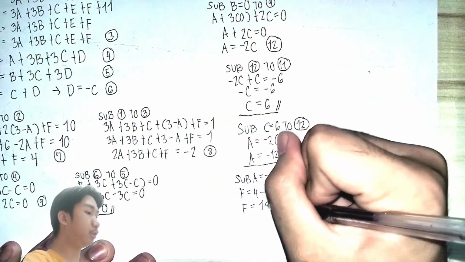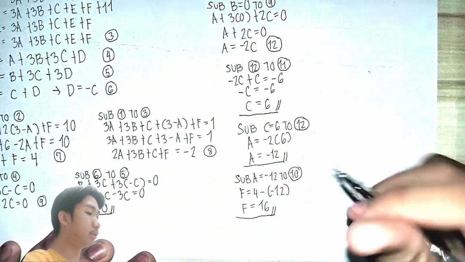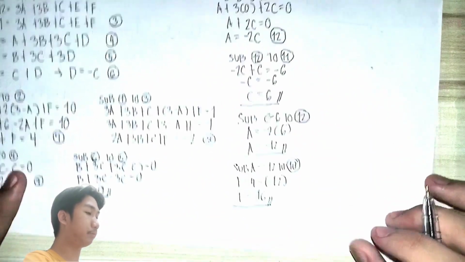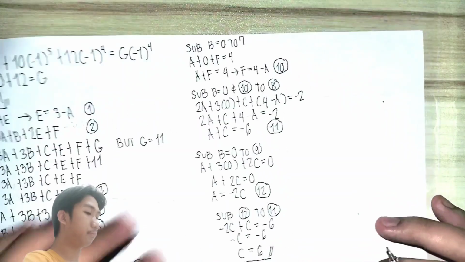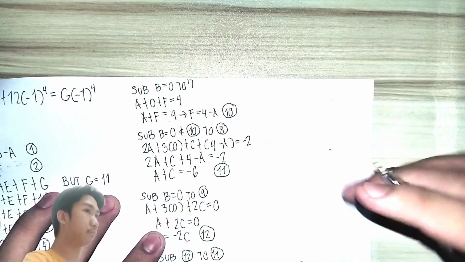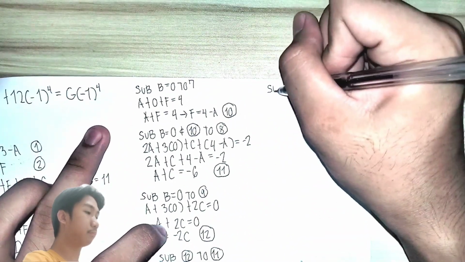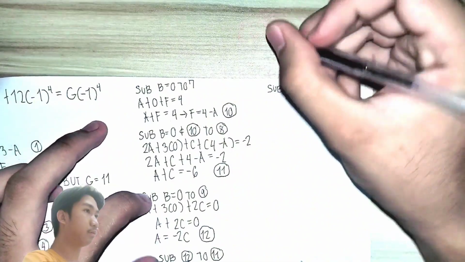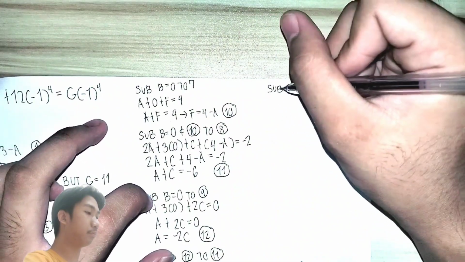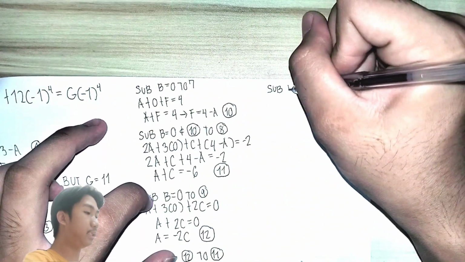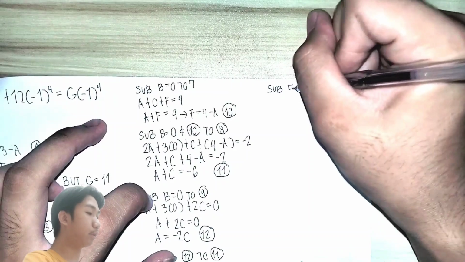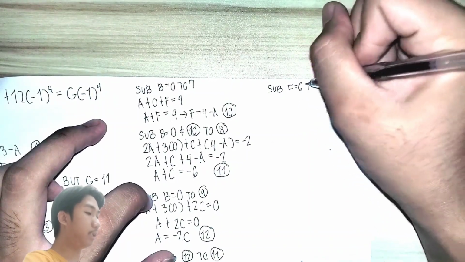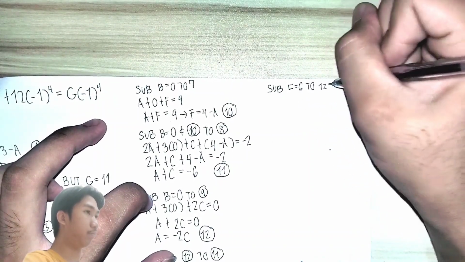Now we substitute the value of C to equation 6. That would be 6 is equal to negative D. D now is equal to negative 6.